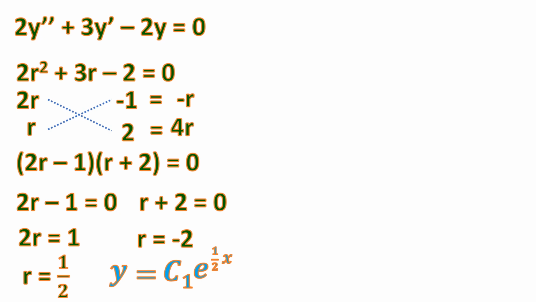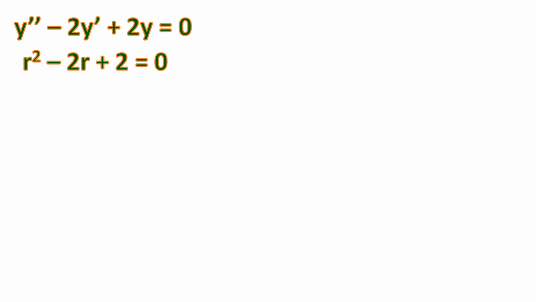If the root is 3, then it's 3x. If the root is 5, then it's 5x. In this case, it's 1/2, so it's 1/2 x, plus then the second constant. It's the same format. So we have e raised to the power of the root, which is -2, and then we always put x. So it's e raised to the -2x. And that's the general solution of this differential equation.